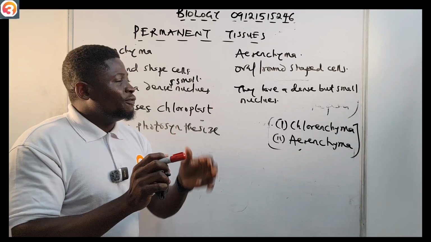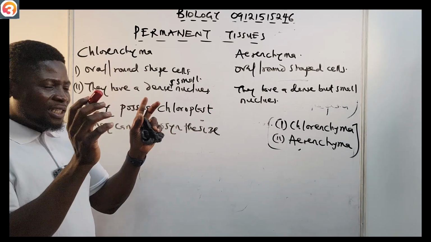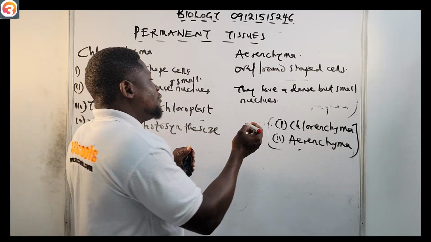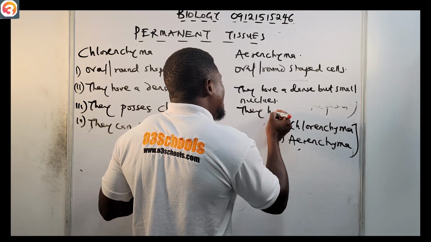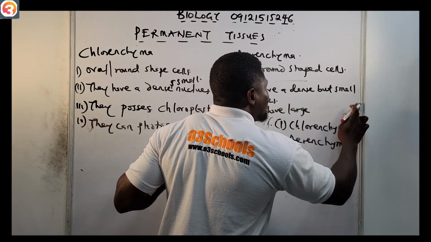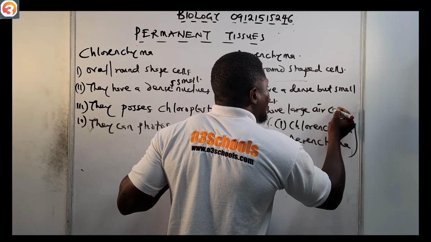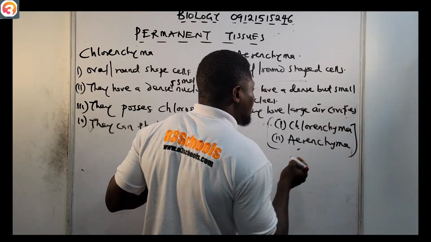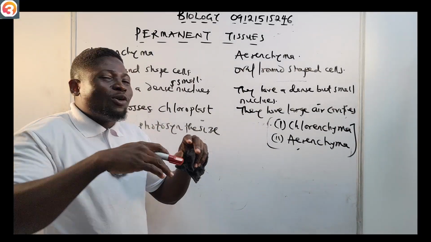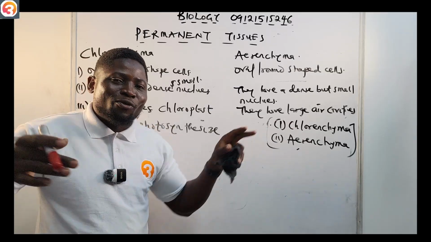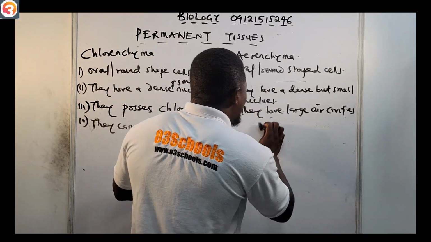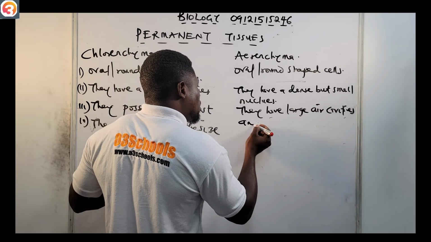All right. Now, for Parenchyma tissues, this is where the differences are. They also have a thin cell wall, but they have large air cavities. They have large air cavities, and this is what makes them able to float on top of water.